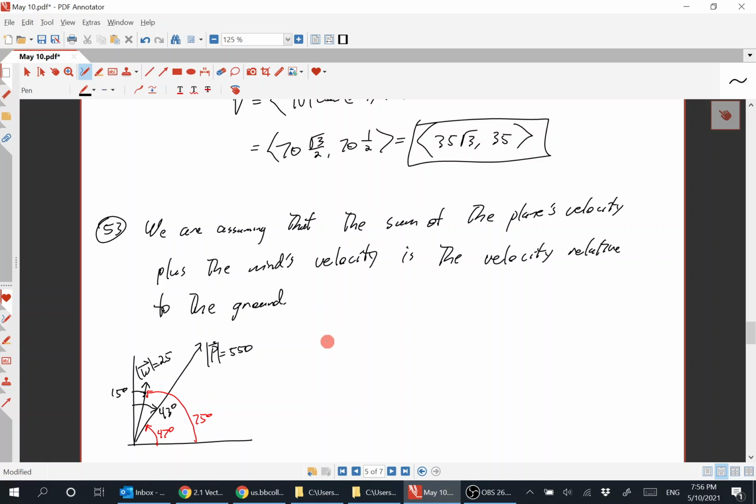So the plane's vector is 550 cosine of 47, comma, 550 sine of 47, and the wind's vector is 25 cosine 75, 25 sine 75.